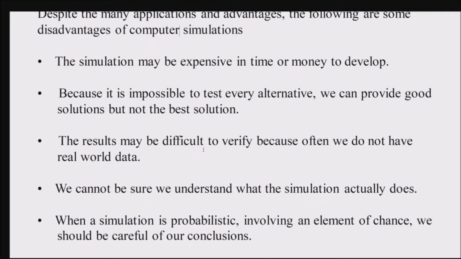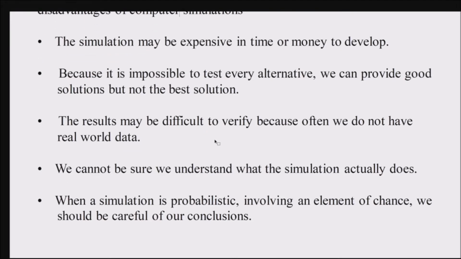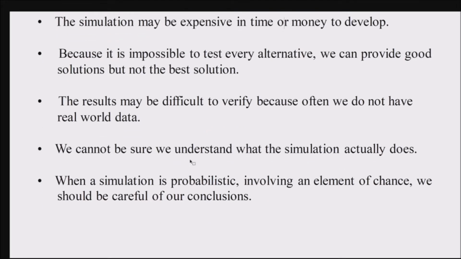Of course, we don't know whether the phenomenon really happened before or not, so the situation is based on data, right? So because of that, we cannot verify it is really going to happen in this way, right? So we cannot be sure we understand what the simulation actually does.